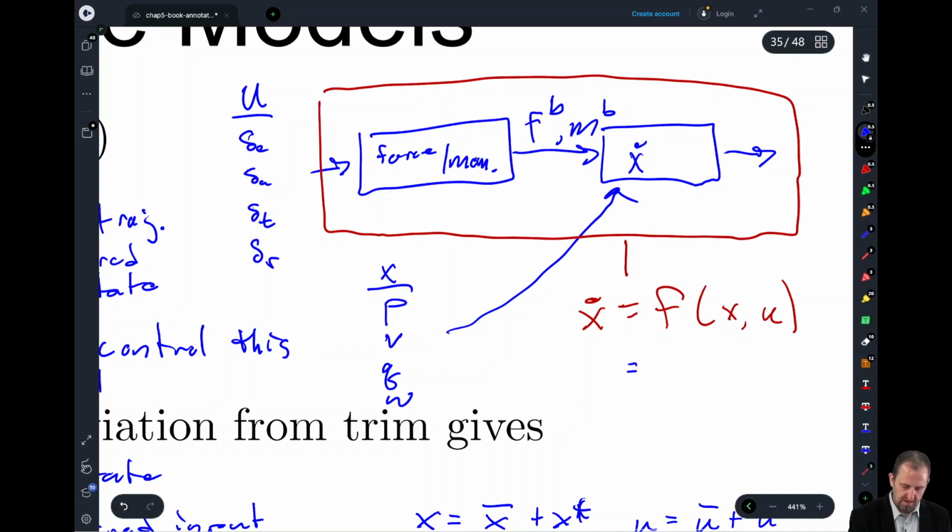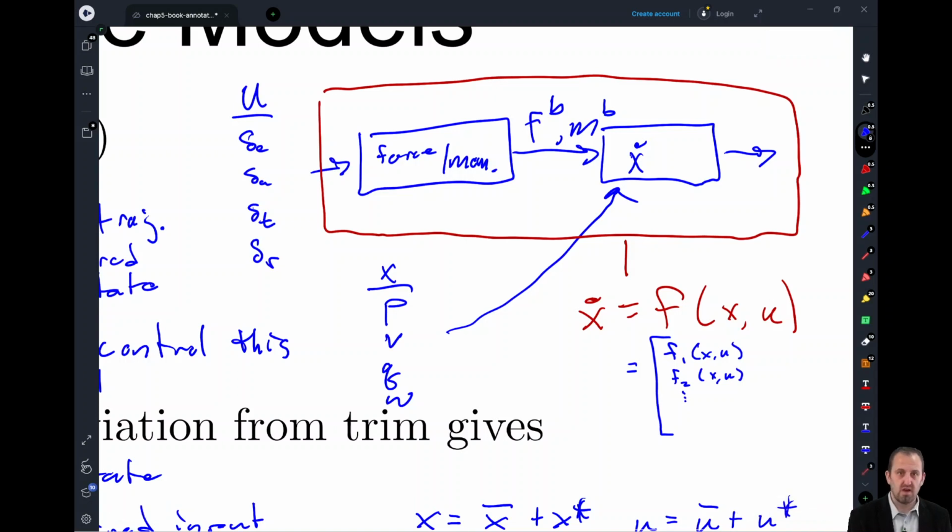So this is going to be equal to f1 evaluated at x, u, f2 at x, u, all the way down to either 12 or 13 depending on the model, if you're using Euler coordinates or quaternions. So let's do the Euler coordinates, x, u.